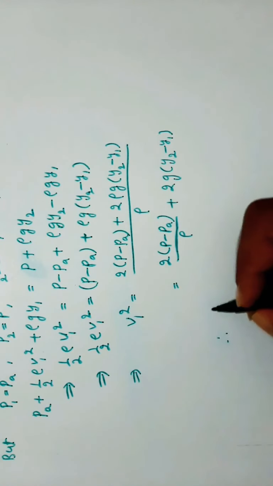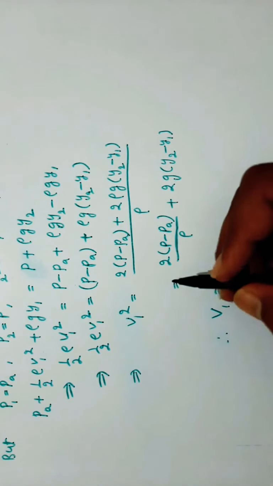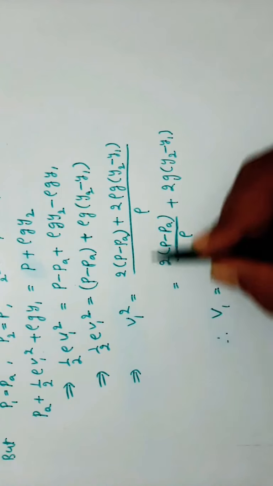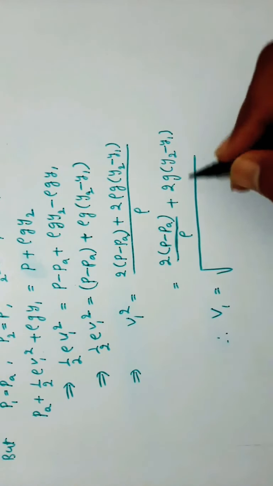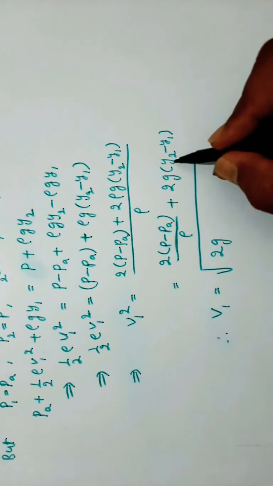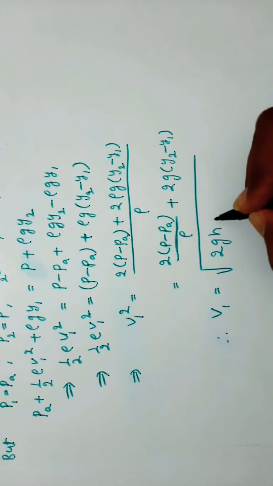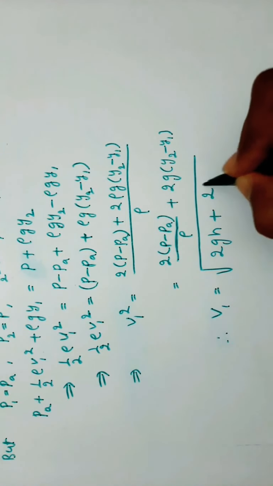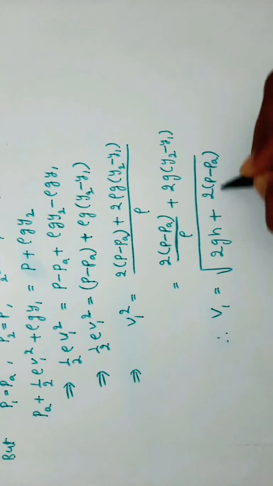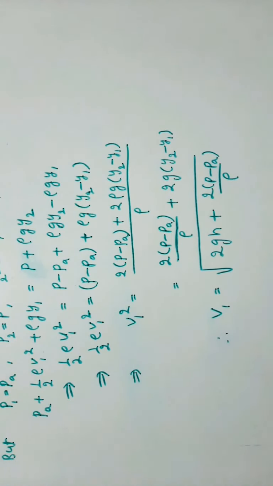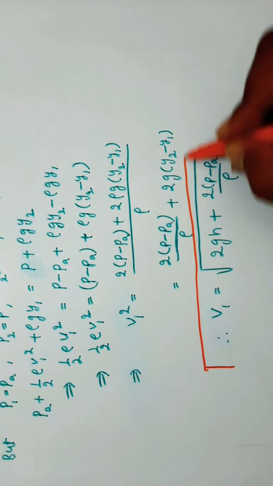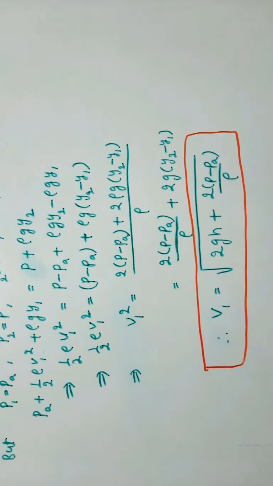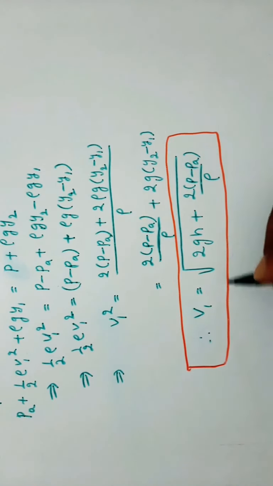Therefore from this we can write V1 is equal to, taking square root on both sides, square root of 2g into y2 minus y1, which is h, plus 2 into P minus PA by rho. This velocity is known as the speed of efflux.